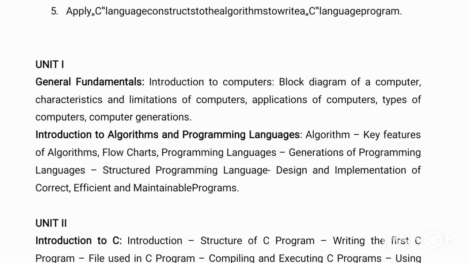So here the first unit is general fundamentals: introduction to computers, block diagram of computer, characteristics and limitations of computers, applications of computers, types of computer, computer generations. In the first unit, the second chapter is introduction to algorithms and programming language.